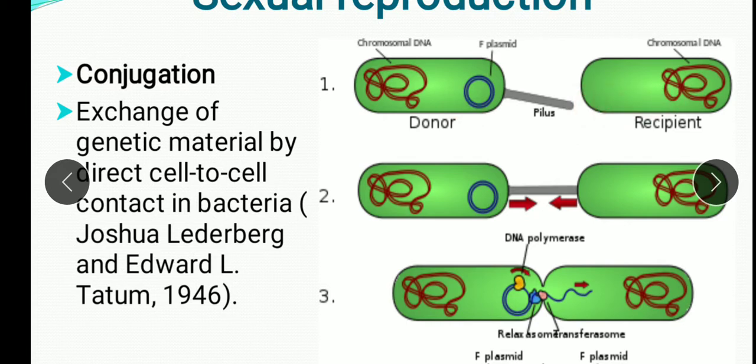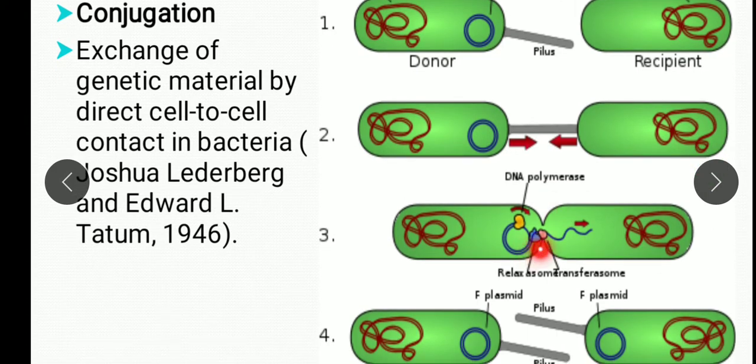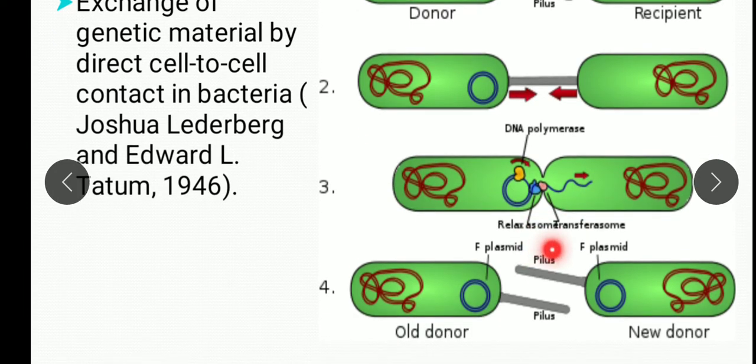Now what happens here? Both the bacterial cells come together and form the cytoplasmic bridge, and through this cytoplasmic bridge transfer of the genes of the donor bacteria takes place into the recipient bacteria. So this F plasmid passed through the cytoplasmic bridge and transfers the genes of donor into the DNA of the recipient bacteria.